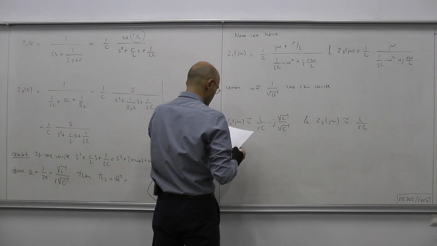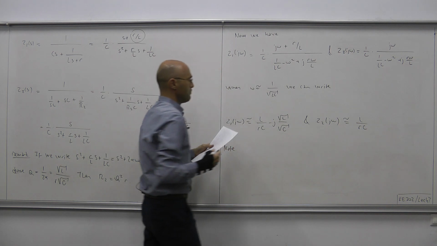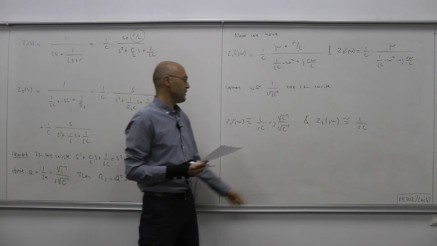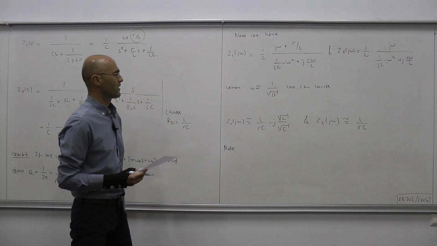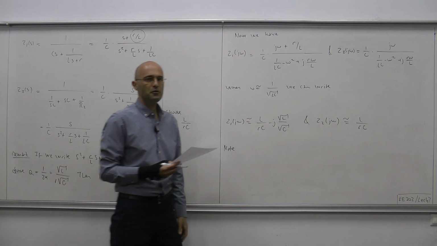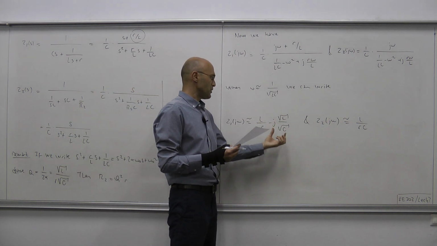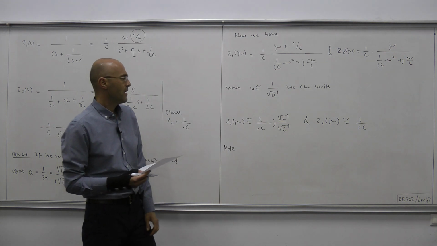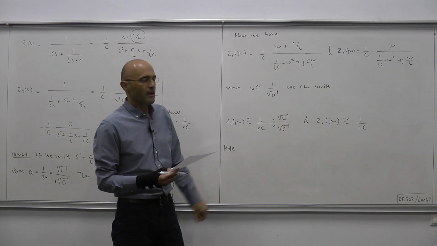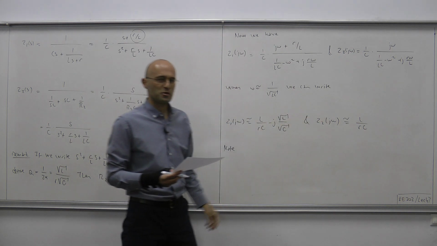Okay, and we can say that both are equal to one another if this thing is small. The imaginary part is small compared to the real part. So if the magnitude of the real part is much larger than the magnitude of the imaginary part, then this part can be ignored, and Z1 and Z2 become approximately equal.